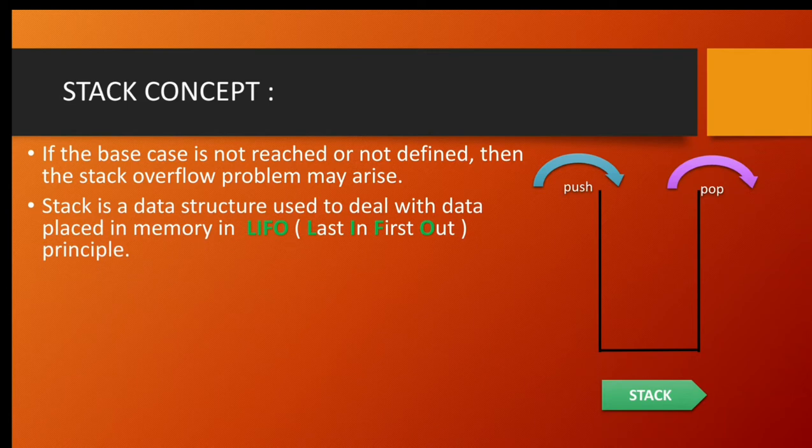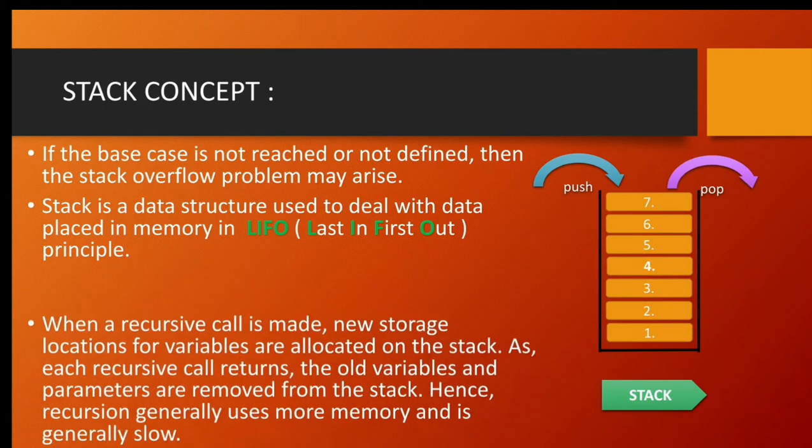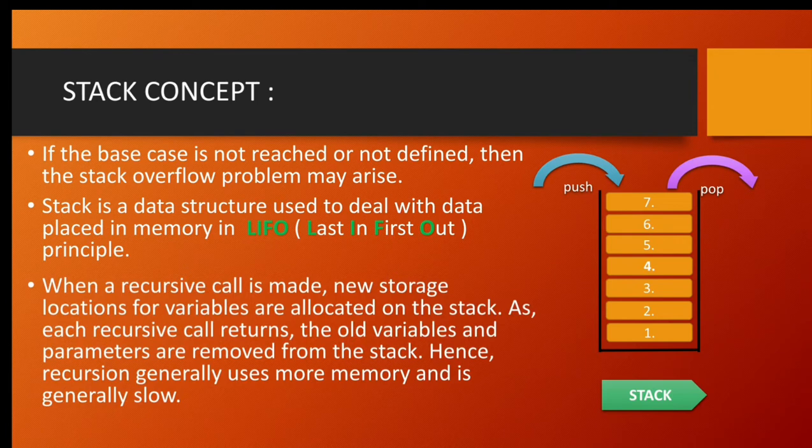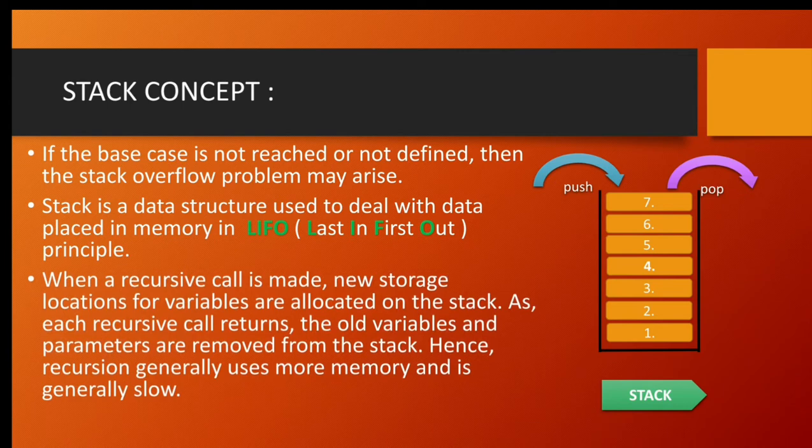See, in this way we can have our elements. When a recursive call is made, new memory for the variables is allocated on the stack. As each recursive call returns, the old variables and parameters are removed from the stack one by one.